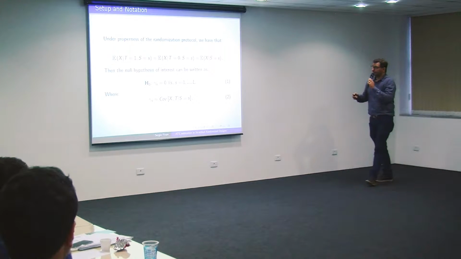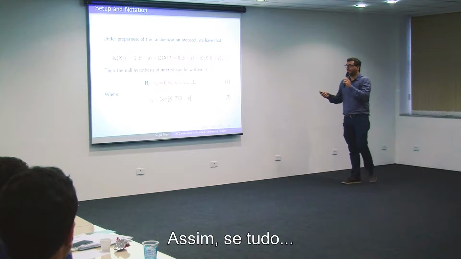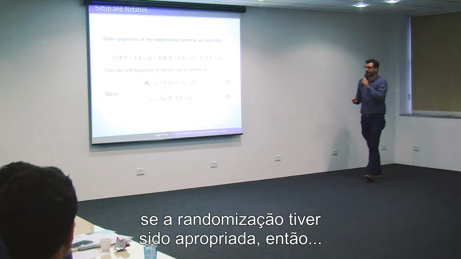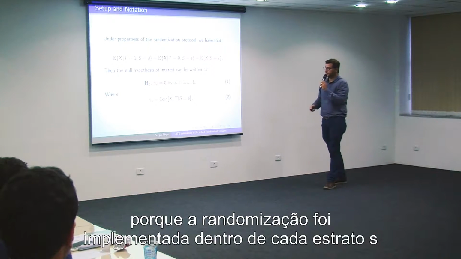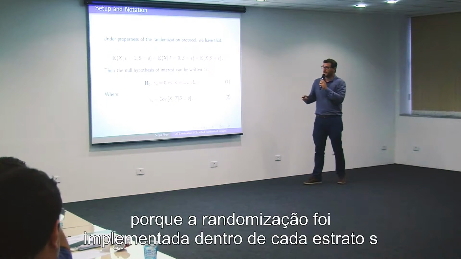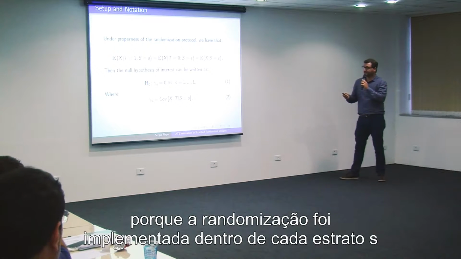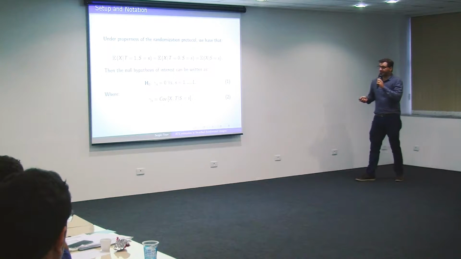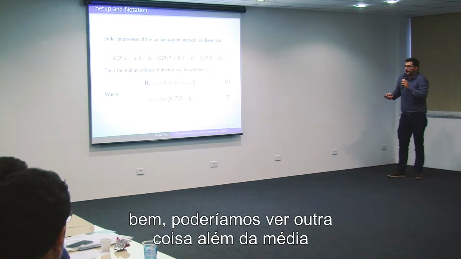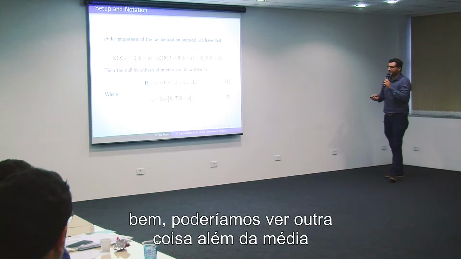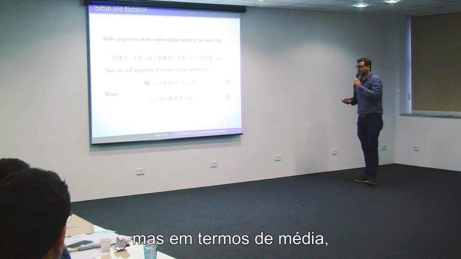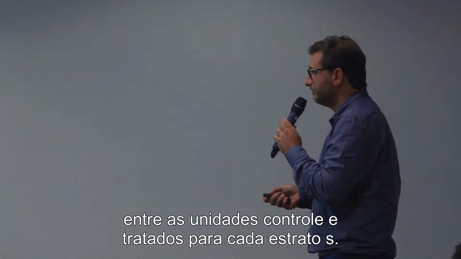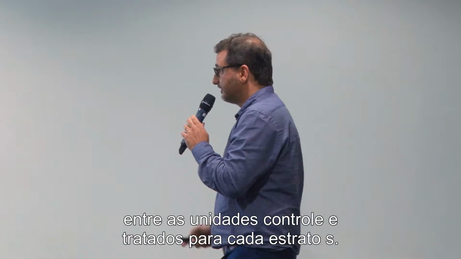So if randomization is proper, and because randomization was implemented within each stratum S, we would expect, in terms of the mean (we could look at other things beyond the mean), that the mean of X should be the same between treated and control units for each stratum S.